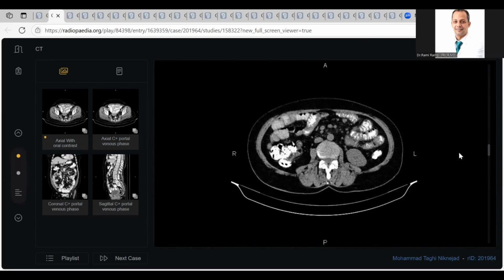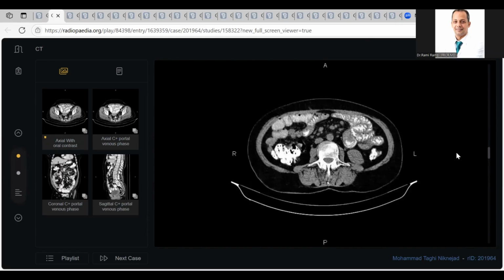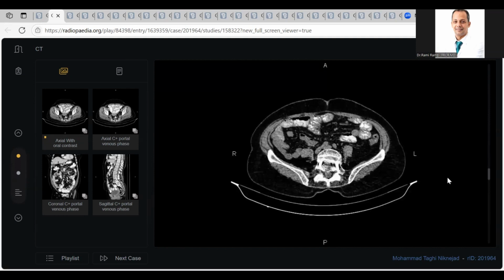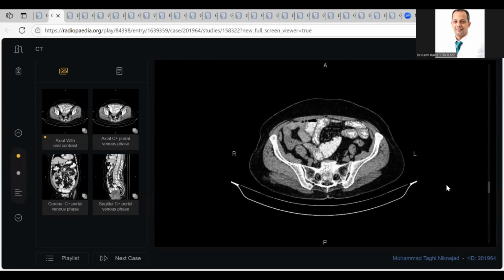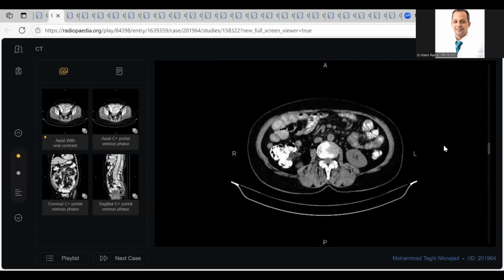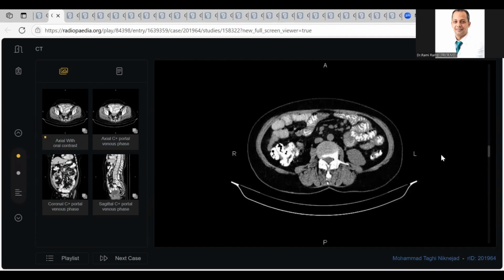Here the oral contrast is given and the patient presented with long-standing diarrhea and anemia. In this, I can see that in the jejunum and ileal bowel loops there is increased jejunal fold pattern.